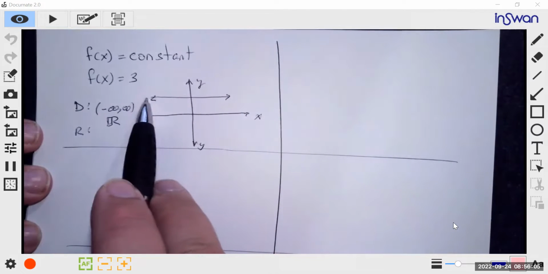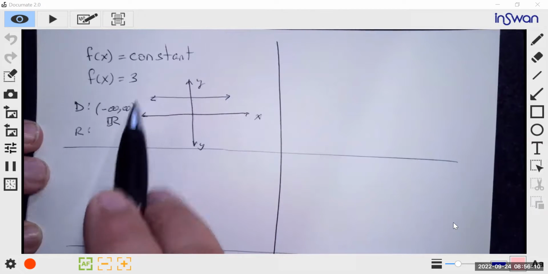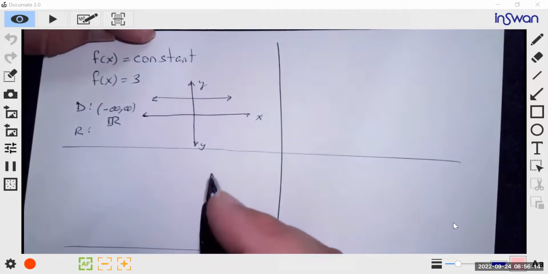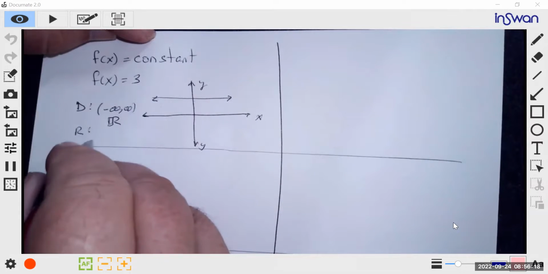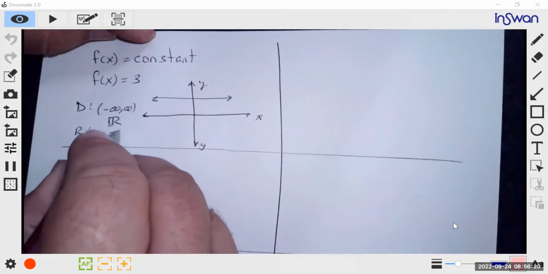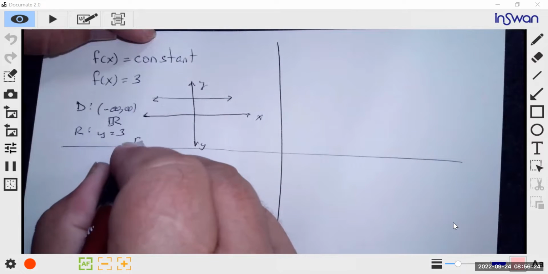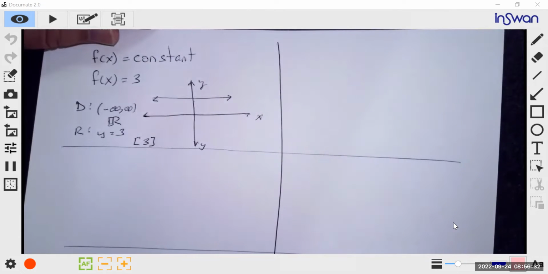Because I can use negative x's, I can use 0, I can use positive x's. So I can use all the x's. So my domain is all real numbers. The range is only whatever the constant number is. Whatever the constant number is, it's a horizontal line.